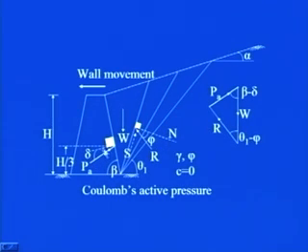If you see from this figure, the angle subtended between W and PA is beta minus delta, which will be known to us. The angle between W and R will be theta 1 minus phi, where theta 1 is the inclination of the considered trial wedge from the horizontal.